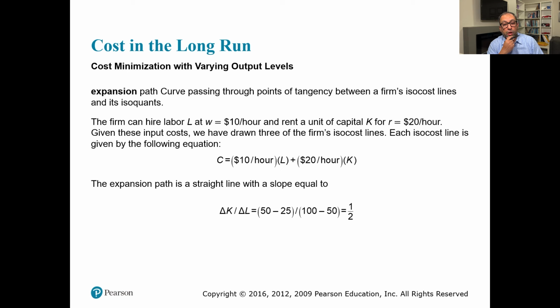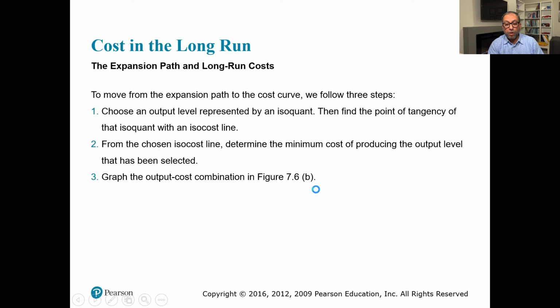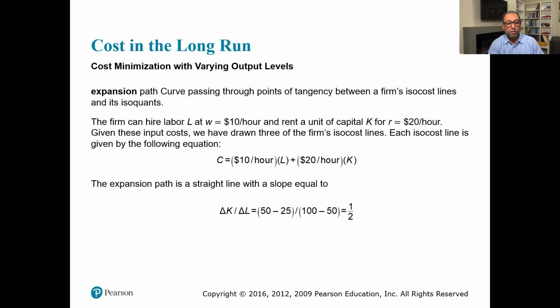Cost minimization with varying output levels: the expansion path curve, which we will discuss here. This is an expansion path curve. The expansion path curve passes through points of tangency between the firm's isocost lines and its isoquants. So there are different levels of output with different isocost lines.